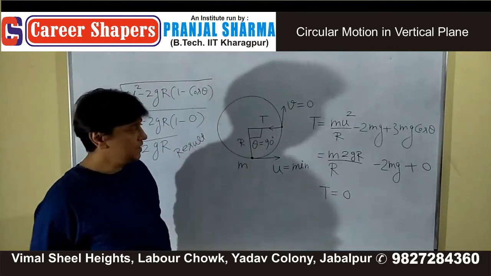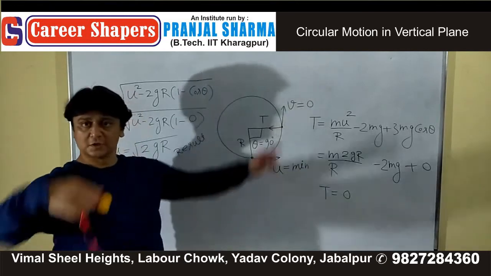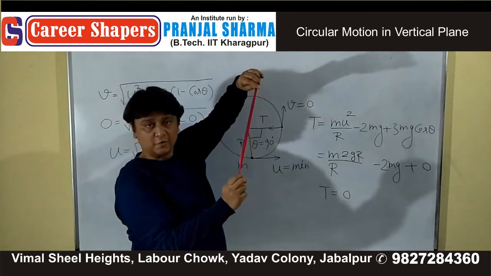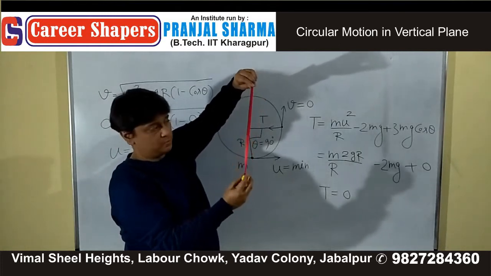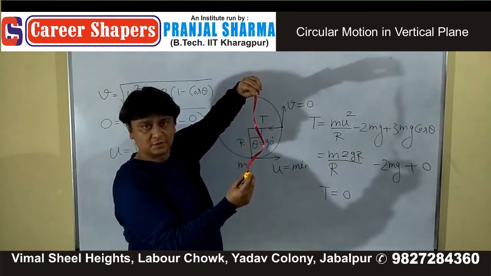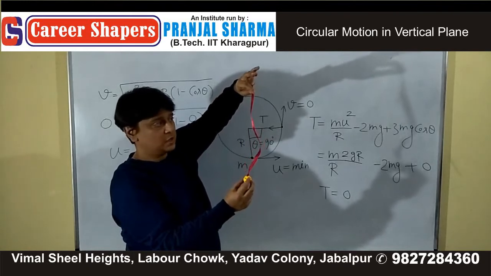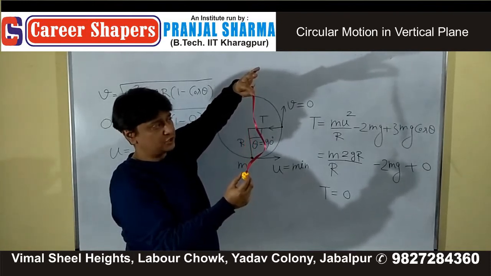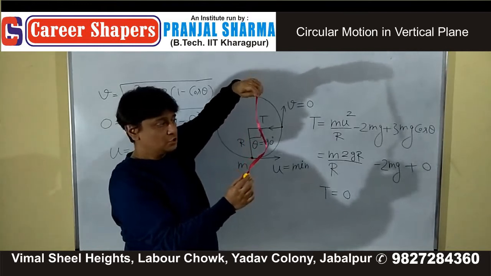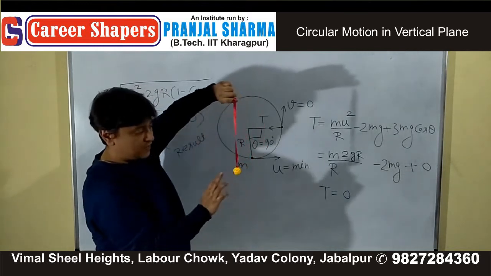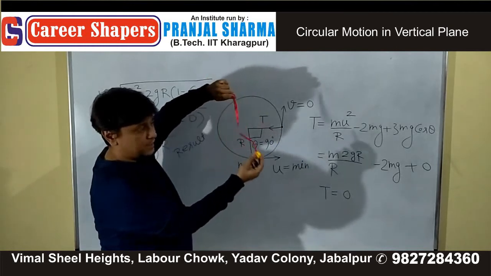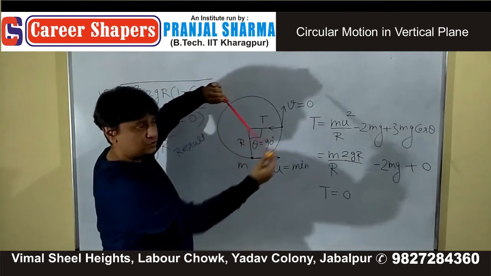Let's look at this T with the help of this ball. Whenever the string is taut like this, tension is present. In the slack condition, there is no tension. So, if I throw this object, it always maintains a tension force.